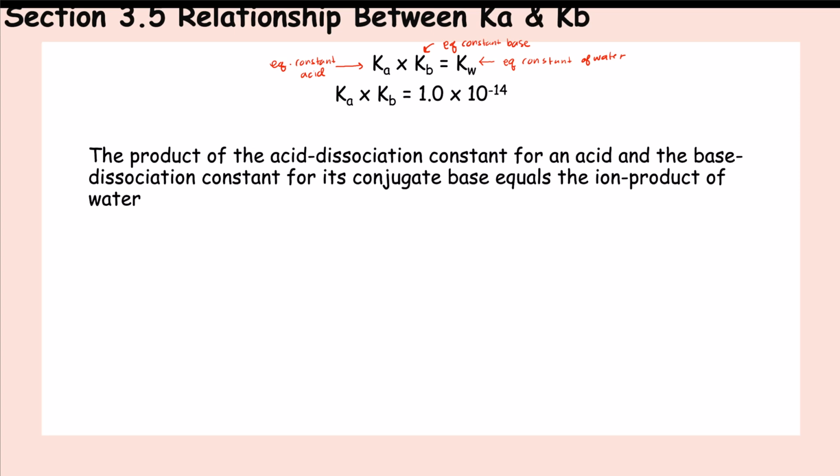So if you were to put all of this together, we can say that the product of the acid dissociation constant for an acid and the base dissociation constant for its conjugate base equals the ion product of water. That's another fancy way of saying what Ka and Kb relate to. Really, it's saying Ka times Kb is equal to Kw.